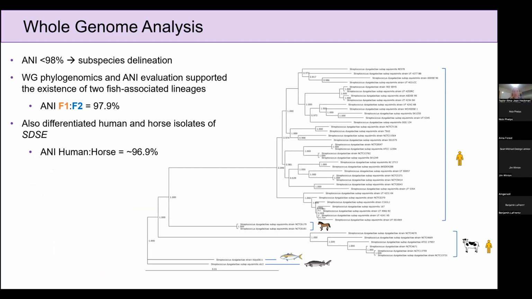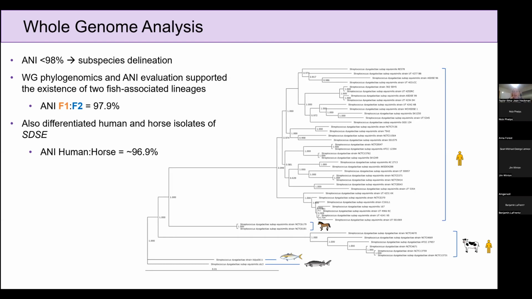And then we have our horse strains as well, still grouping separately. We have our Streptococcus dysgalactiae subspecies dysgalactiae. And then we have two lineages branching off, one for the reference strain from fish clade 2, which contains the tilapia and other fish isolates. And then our sturgeon isolate, representative isolate STC3.